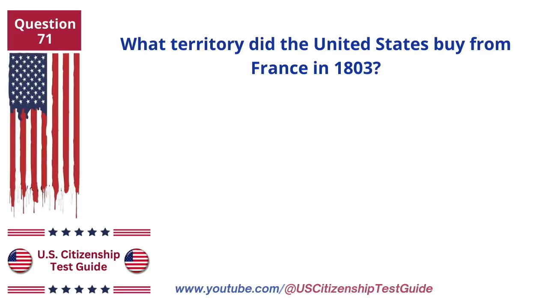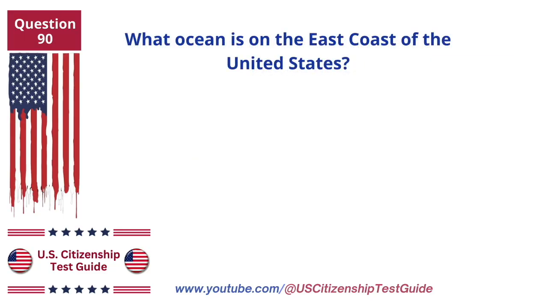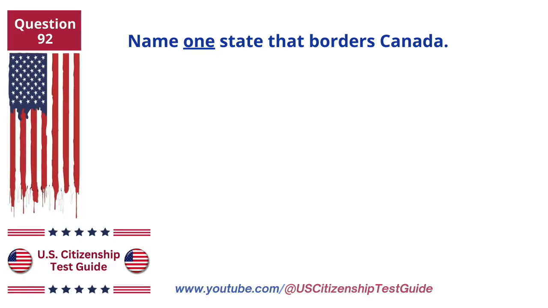What territory did the United States buy from France in 1803? The Louisiana Territory. What ocean is on the east coast of the United States? Atlantic Ocean. Name one state that borders Canada.